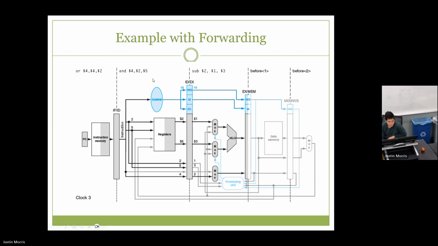So what we figure out here in the AND instruction's decode stage is my RS is matching the destination register of an instruction in front of me. So if I read RS from here and I get the value out of it, it is the incorrect value.